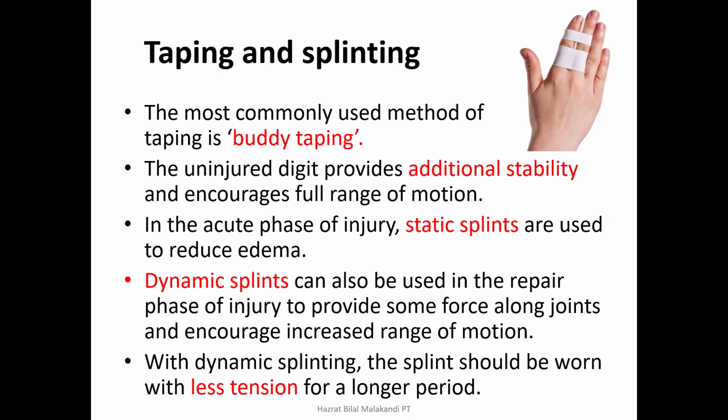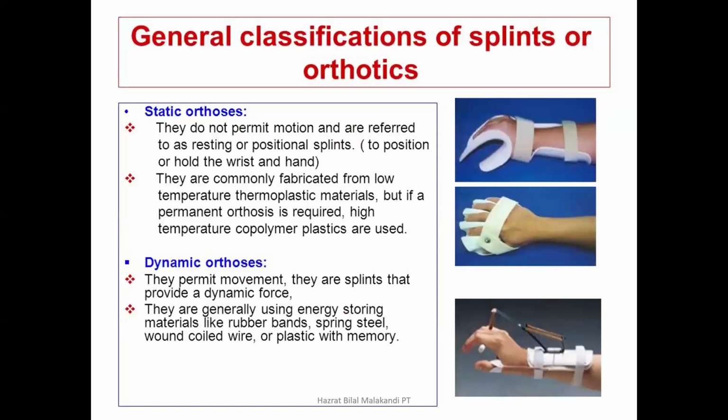A dynamic splint can be used in the later stages as we discussed in the previous slide. But with the dynamic splinting, it is very important that the splint should be worn with less tension, specifically if they are worn for a long period. These are the general classification and difference between the static orthosis and the dynamic orthosis.